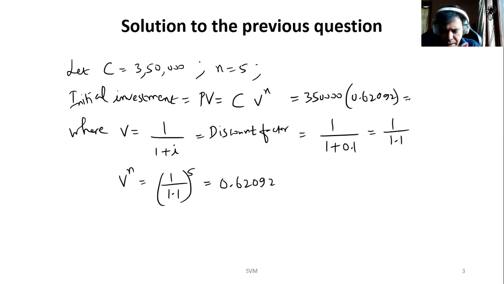Let us multiply that. So our present value becomes 217,322, and paise I can write with 2 digits. So that will be the present value for this particular question.